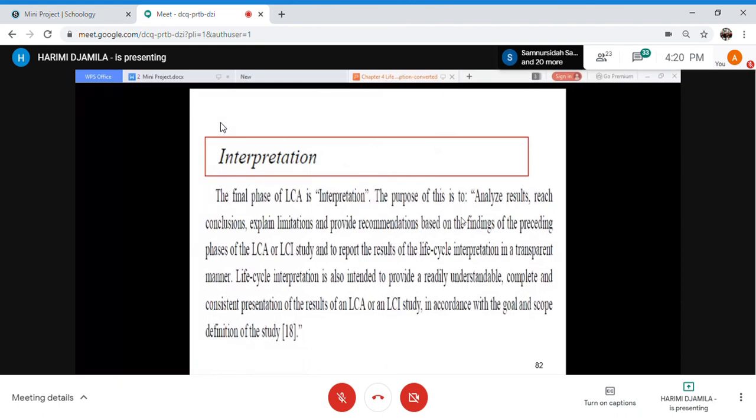Okay, so let's read this slide. The final phase of life cycle assessment is interpretation. The purpose of this is to analyze results, reach conclusions, explain limitations, and provide recommendations based on the findings of the preceding phases of the life cycle assessment.